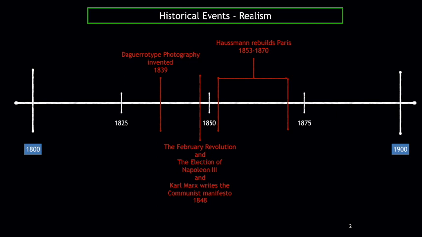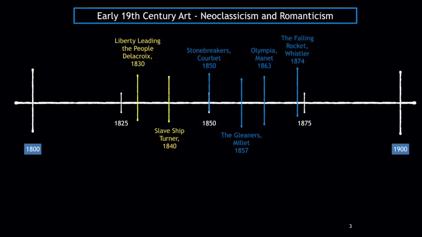We're going to be looking at paintings by Courbet, Millet, Manet, and even Whistler, who everybody knows for Whistler's Mother, the woman in the rocking chair. But he made many other important paintings besides that.